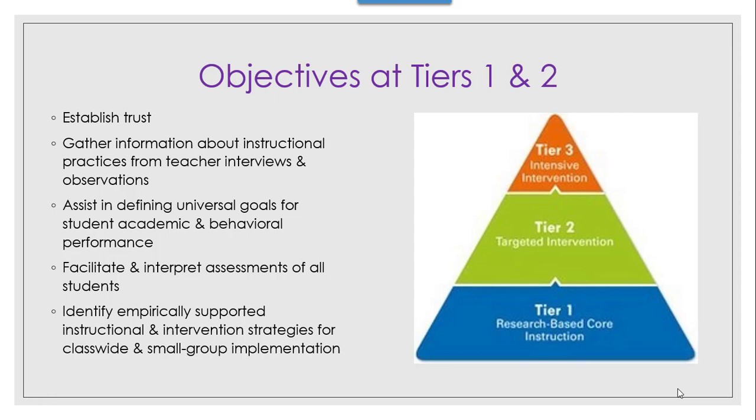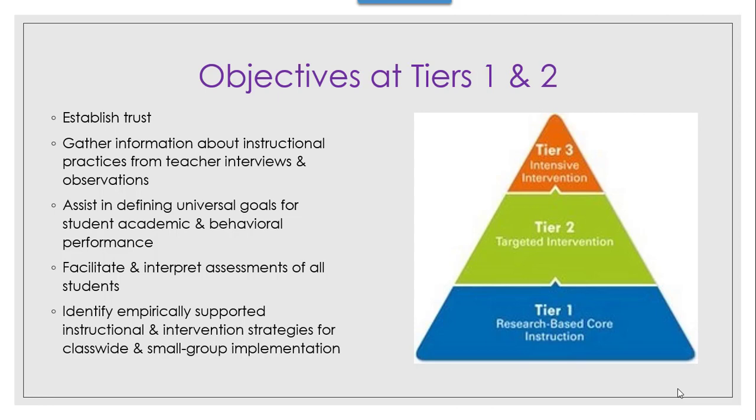You also want to be a part of the team that figures out what our goals are, not just for this child at tier 2 or tier 3, but in general. So kind of going back to some of those prevention methods. Part of what we do is facilitate and interpret the assessments.